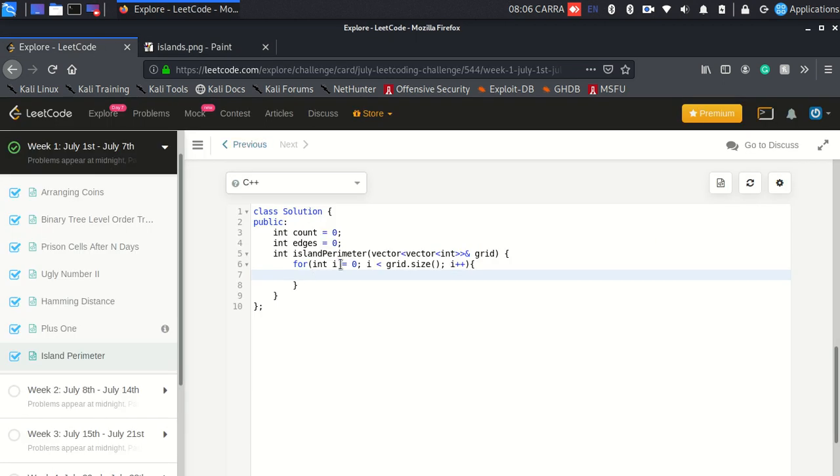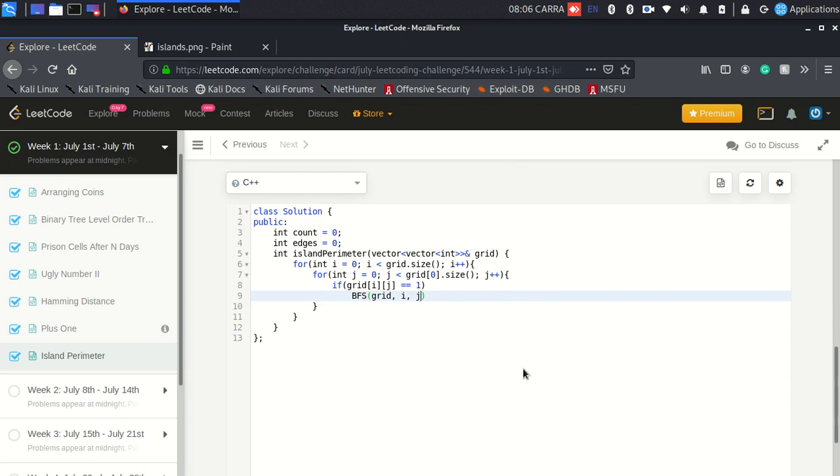I would normally do a row-wise search. So for int j equals 0, j less than grid 0 dot size, j plus plus. Now if grid of i comma j is equal to 1, that means I have found an island, and I'll just call bfs and pass on the grid, i, and j.